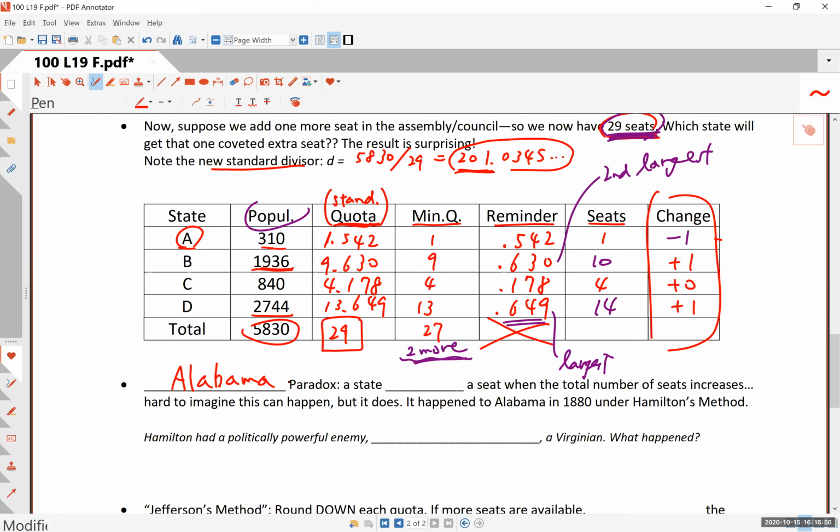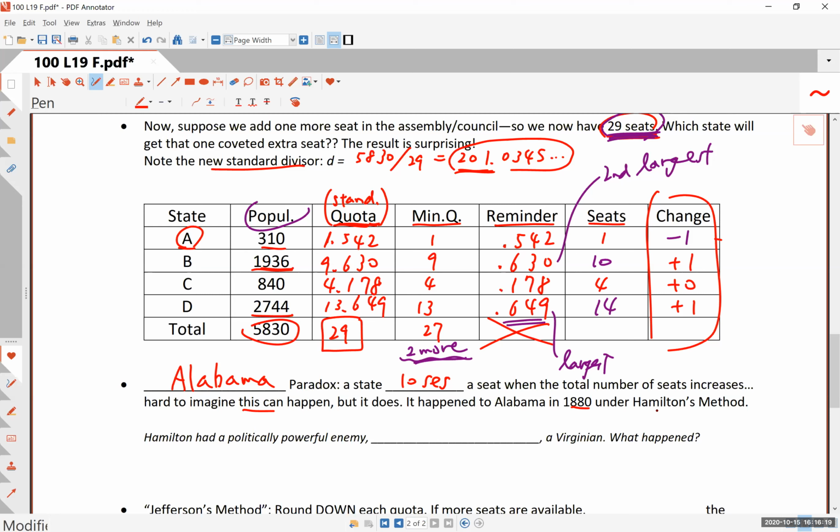The Alabama paradox is a paradox in which a state loses a seat when the total number of seats in Congress or in the council or assembly increases. It is hard to imagine that this could actually happen, but it does, and it did in 1880 under Hamilton's method.